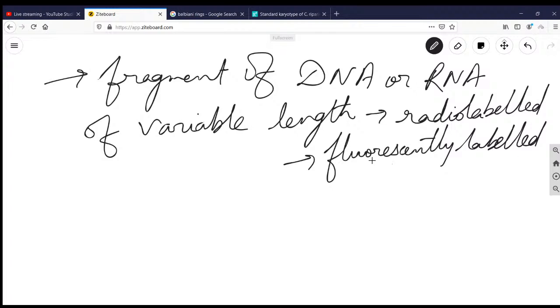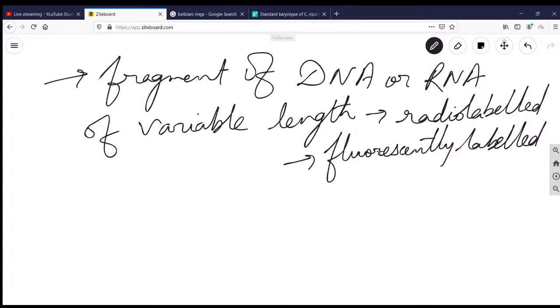Then it can be used in DNA or RNA samples to detect the presence of nucleotide sequences which I wanted to detect. So those come under nucleic acid probing.